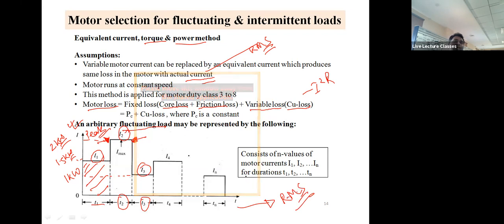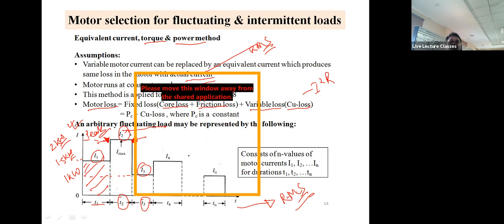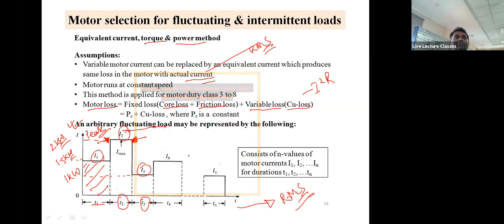So we are trying to have an optimal cost and optimal rating of motor, which will be able to handle this high load for at least some time. Say 2-3 seconds, it can handle 2 kilowatt. That is good enough, right? But the main RMS rating of the motor is only 1 kilowatt, so the cost will be lower instead of having the full rating as 2 kilowatts.